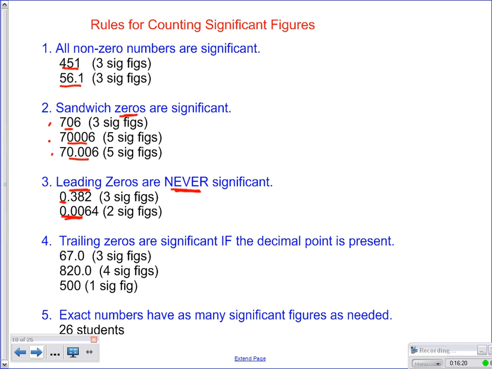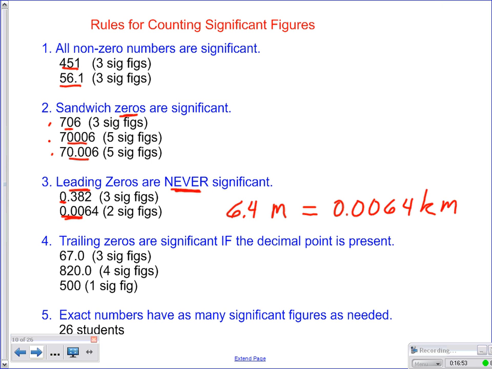So for example, if you had 6.4 meters, and we'll look at how we go through this math later on, that would be exactly the same thing as 0.0064 kilometers.